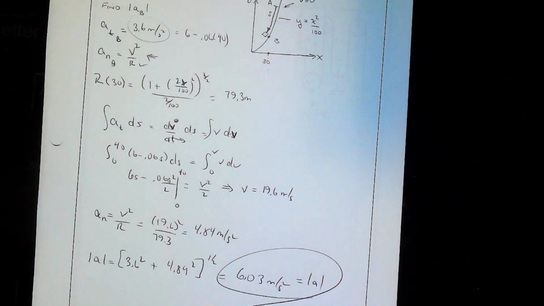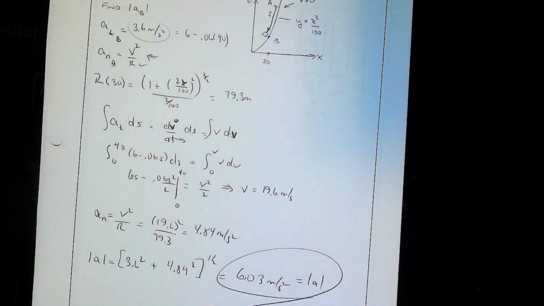Integrate here, integrate here. We're going 40 meters along the path, so integral from 0 to 40 of 6 minus 0.06 s ds equals the integral of, starting here, the velocity is given as initially 0, so going from 0 to whatever velocity we're at, v dv.